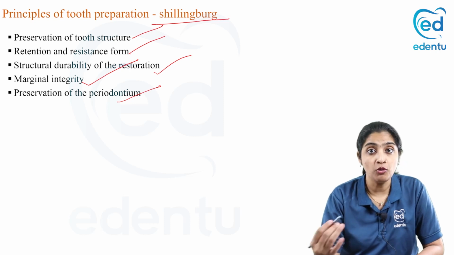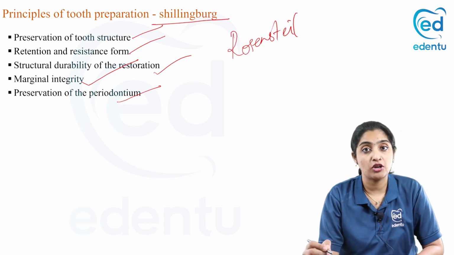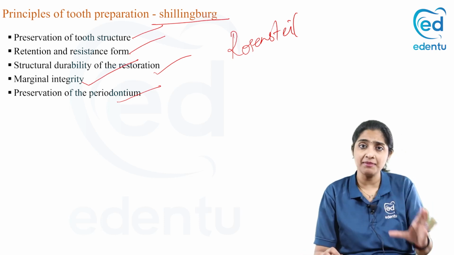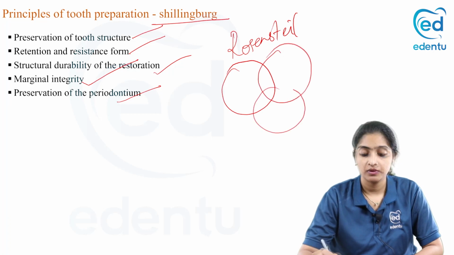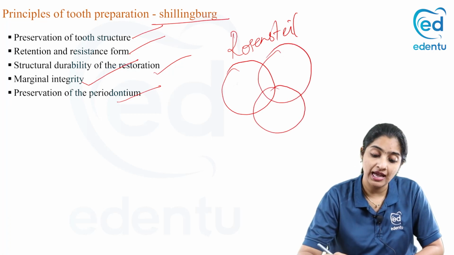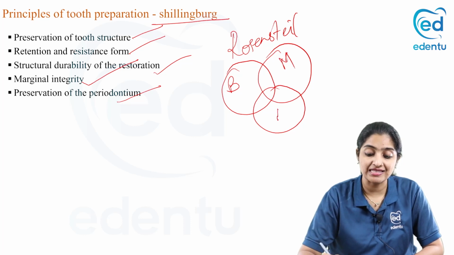Whereas, there was some more which was given by Rosenstiel. He classified the same headings into 3 different ones: biological, mechanical and aesthetic.